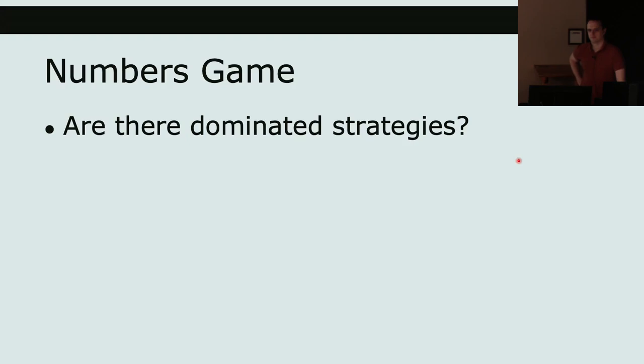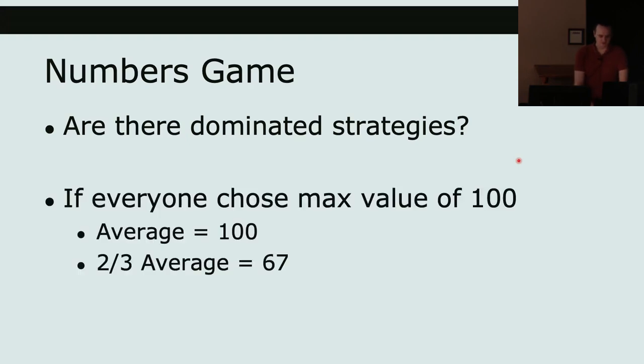Or predict, so that can't go above 66 because you're taking two-thirds of whatever the average will be, and even if everyone chooses 100, the average will still be 100, and therefore two-thirds of 100 would be 66. Okay, now we're starting to think mathematically. So let's think mathematically, right? If everybody chose the maximum possible value of 100, that wouldn't be necessarily very smart, right?